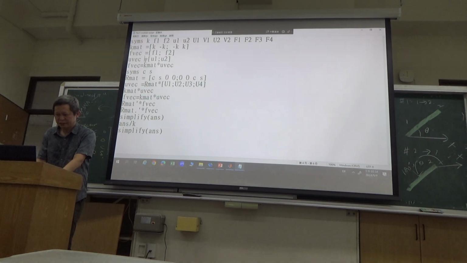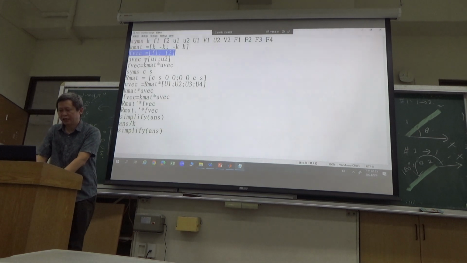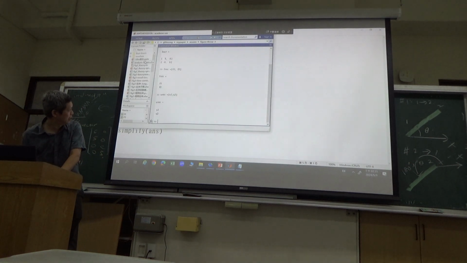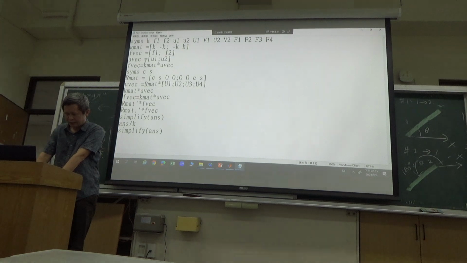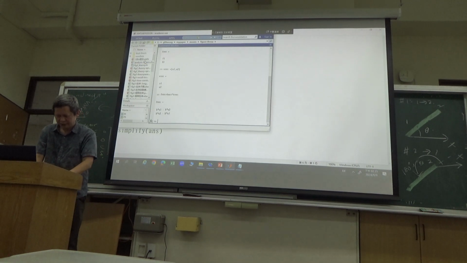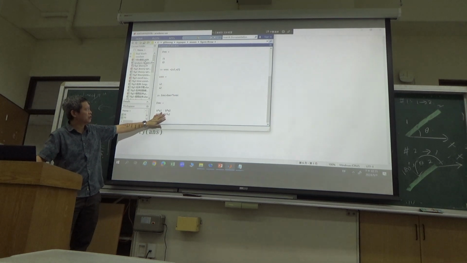And then next, you define the force vector. You could possibly have the local force and local displacement. And then next, you want to express the force vector as a multiplication of the stiffness matrix with the local displacement.